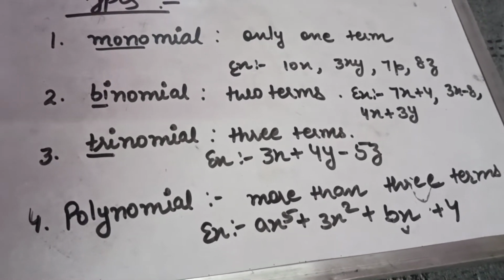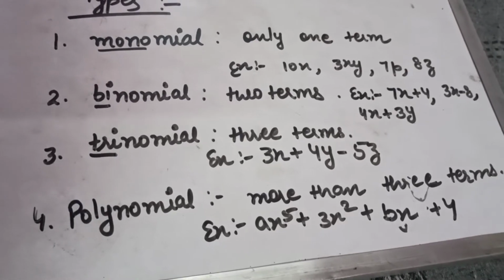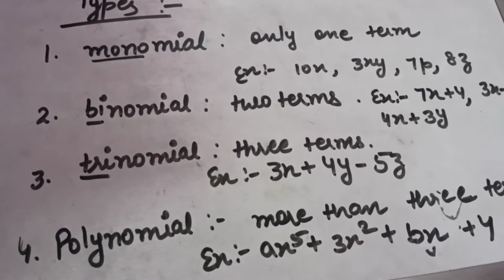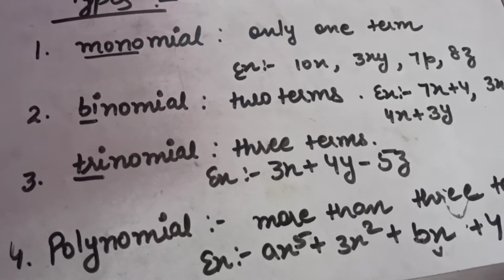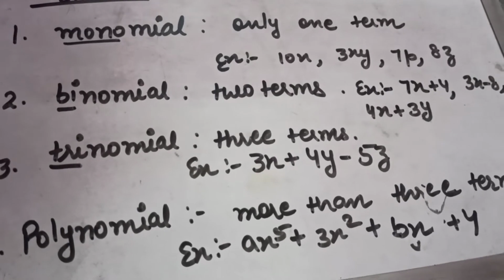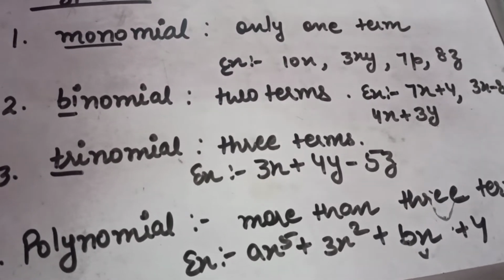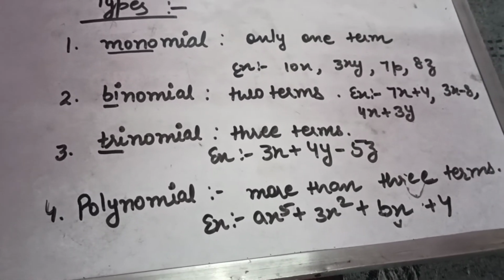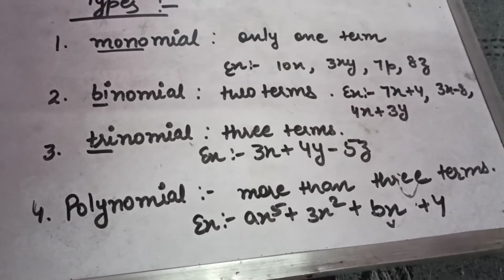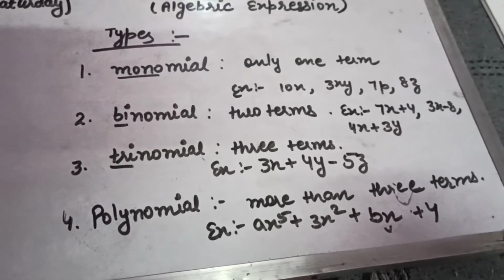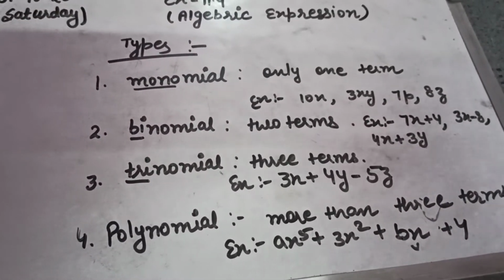Examples you can see. Third is trinomial. In trinomial there are 3 terms: 3x plus 4y minus 5z, or you can say ax plus by plus c. After that, the fourth one is polynomial, that is more than 3 terms. So this is about the types of polynomial.